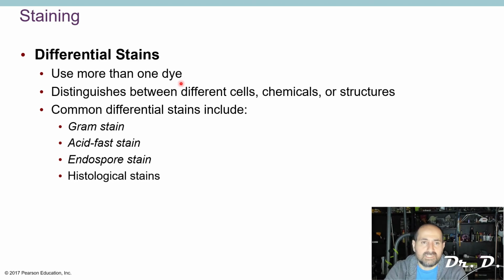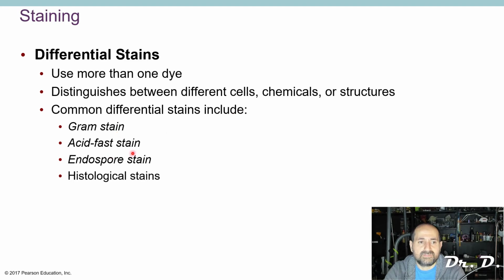You can use a green dye followed by a purple dye. So there are many different procedures that you can use. This distinguishes between different cells, chemicals, or structures. So here are some examples of these differential stains, the stains that have two different colors, right?